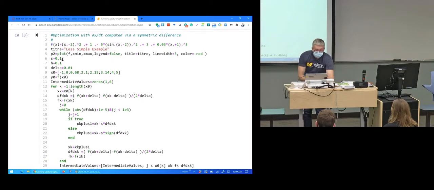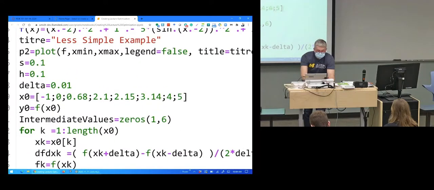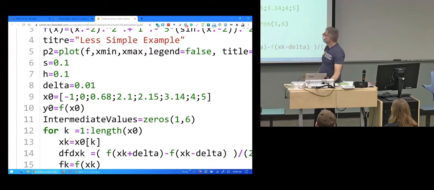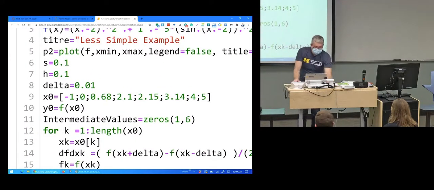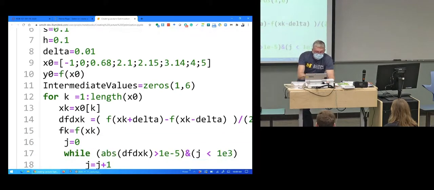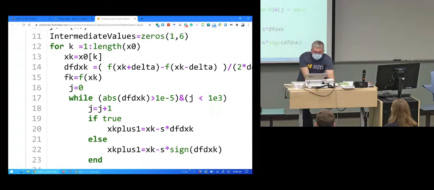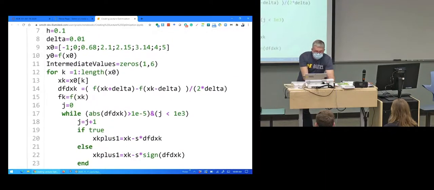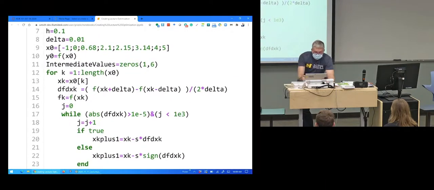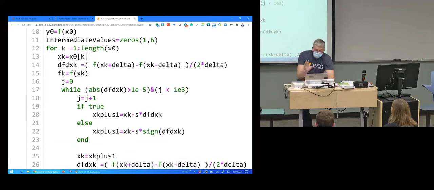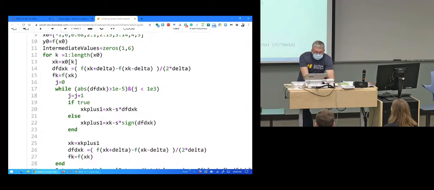Here's my step size, S 0.1. We'll see how that works. H is for my symmetric derivative. I don't know why I even have a delta in there. Oh, I'm using delta for the symmetric derivative. Sorry about that. I remember I was trying something really crazy and I didn't clean up the code.